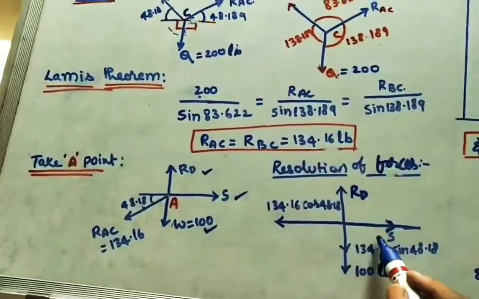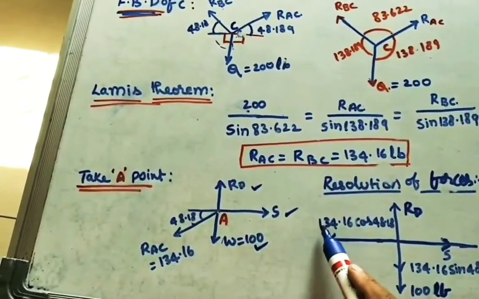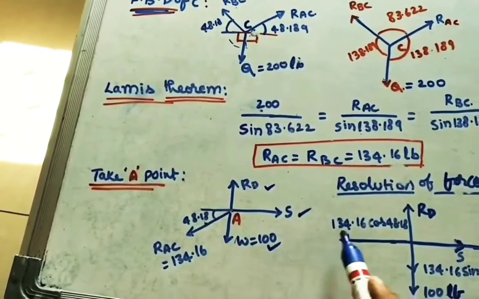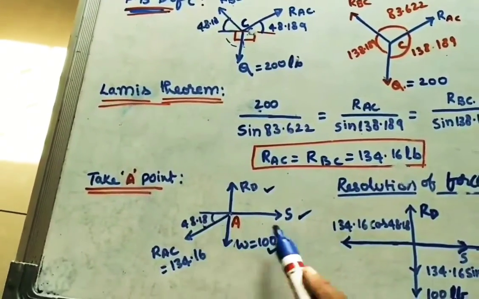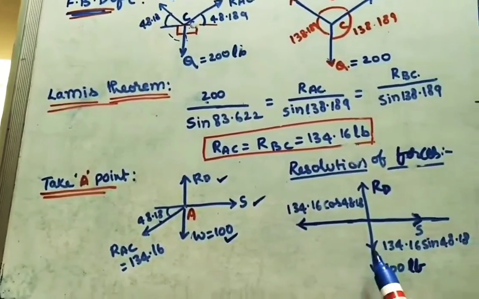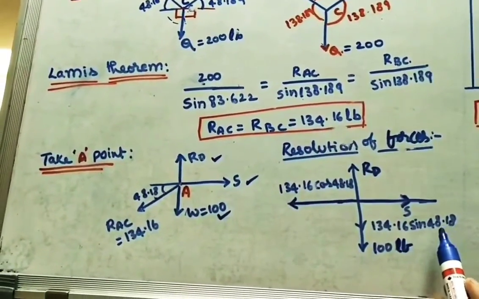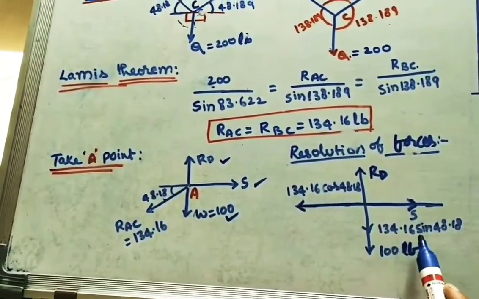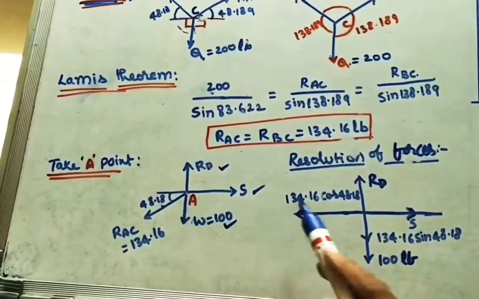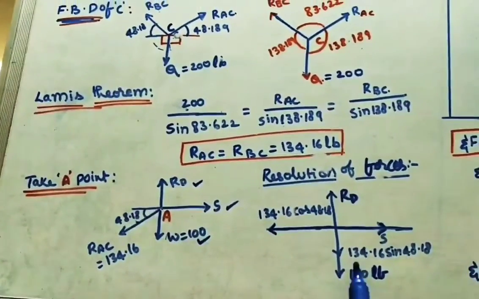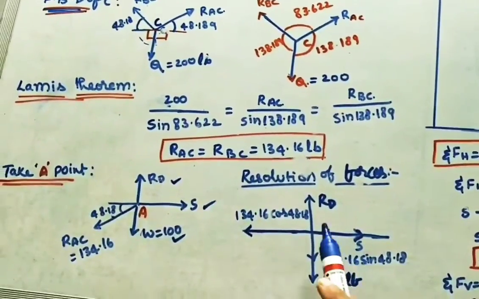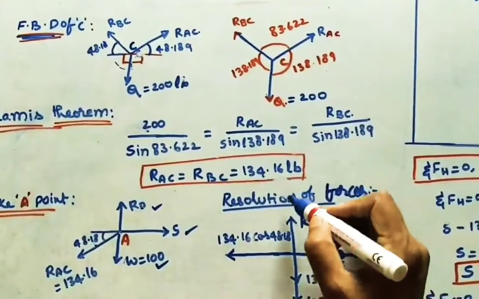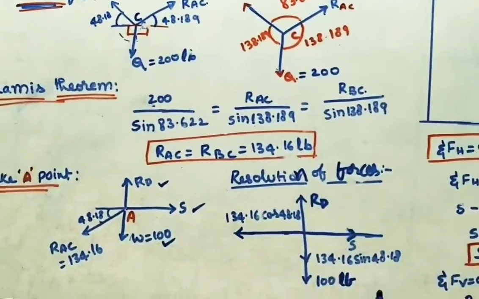So I did here, for the horizontal component, RAC value 134.16 cos of this angle. Similarly, vertical is 134.16 sine of this angle 48.18. These are all the horizontal and vertical components in the resolution of forces diagram.